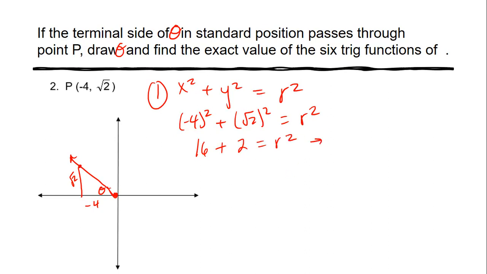So now I'm at 16 plus 2 equals r squared. What is 16 plus 2? 18. So 18 equals r squared. I'm going to take the square root. 18 is not a perfect square, but 18 can be simplified. 18 is made up of 9 and 2. So I take the square root of 9 and the square root of 2. And what do I get? r equals 3 square root of 2.